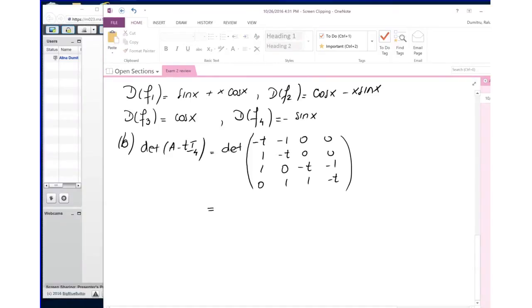Cofactor probably along the first or the second row. Let's do the first one.